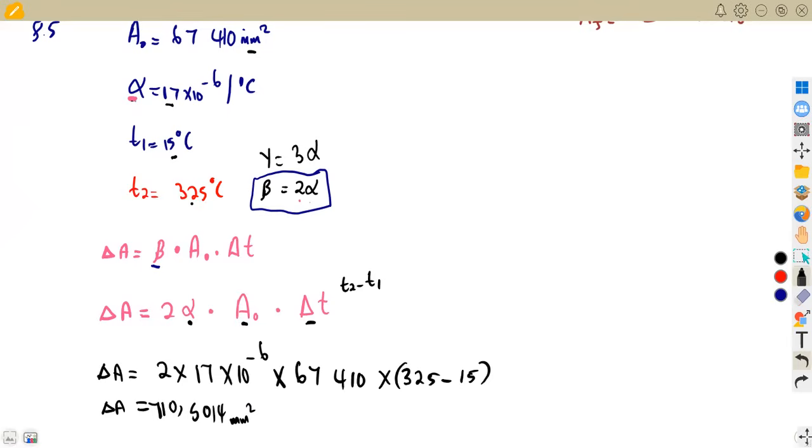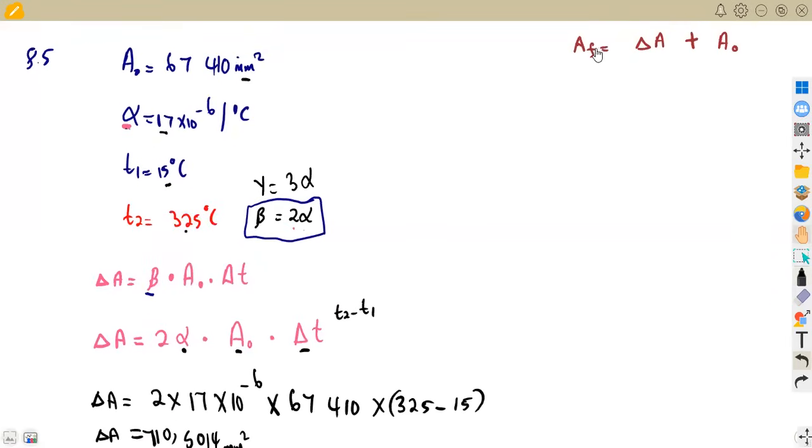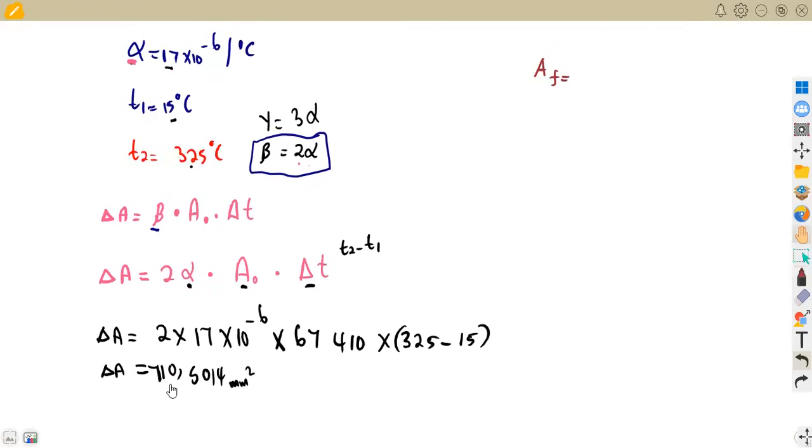We can just use 501 after 3 decimal places, which is fine. But our question is not to calculate the increase in area, but to calculate the area at that point, which is the final area in this case. And we said our final area can be calculated from this formula: the change in area, which is the increase we got here, 710.5014, plus the original area.